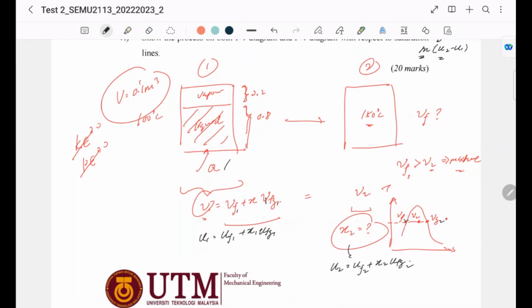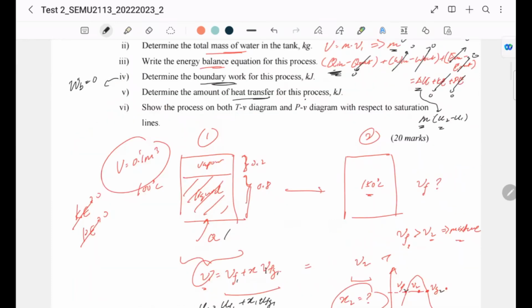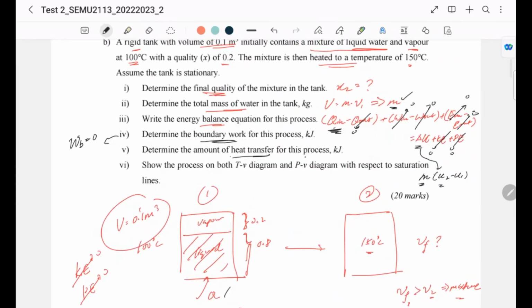So then you should be able to find out the amount of heat transfer here as well. And then show the process on the Tv and Pv diagram with the respective saturated line.